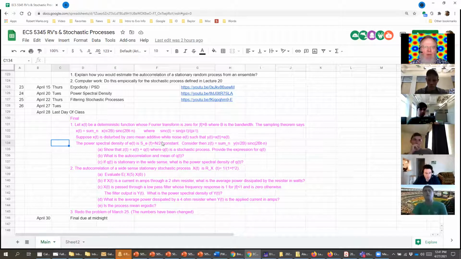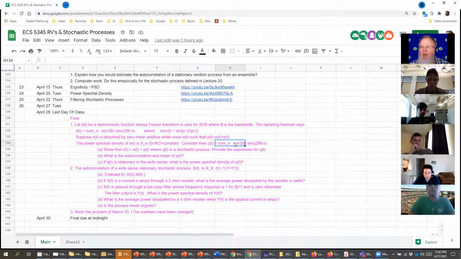And we are going to assume again that it is zero mean, and consider the sum Z of t. What we're going to do now in the summation is put samples of y of t, that is samples of the noisy signal, directly into the sampling theorem. So we generate a Z of t here.